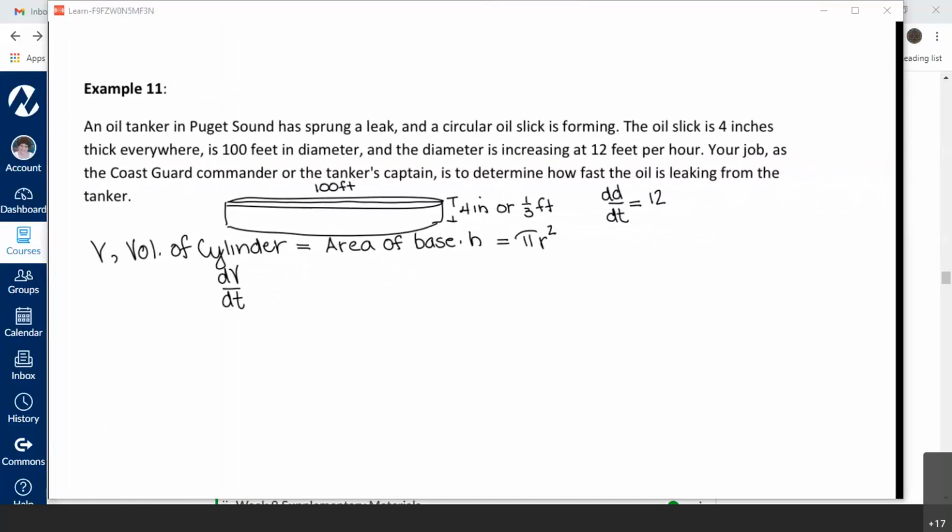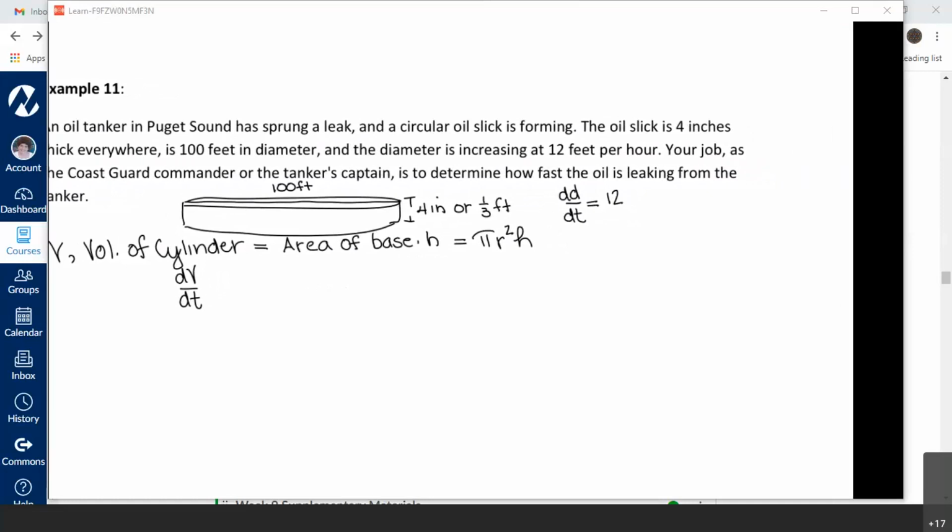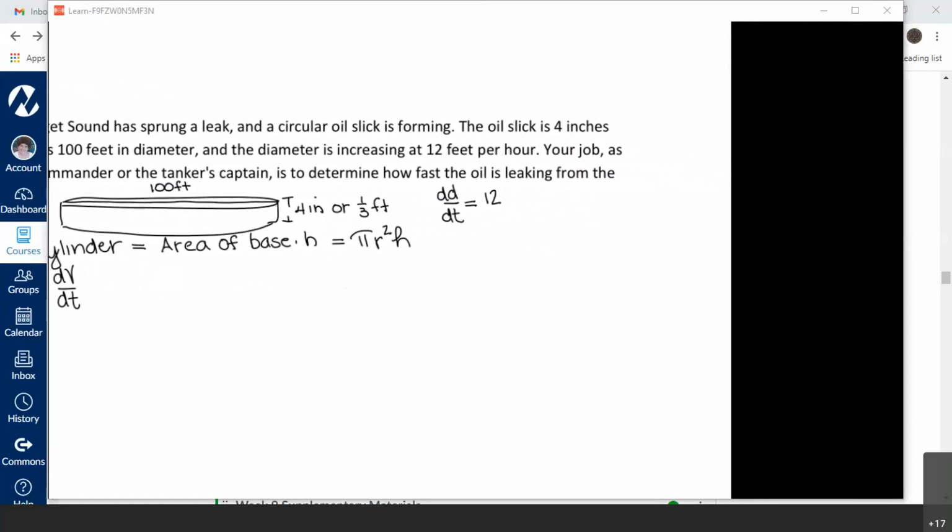All right, and the height we said was 4. But let's just put in h for now. Okay, so that's our volume of a cylinder formula. The other thing is they've given us a diameter.